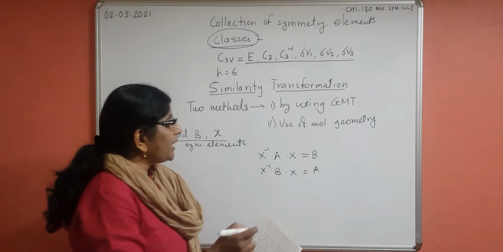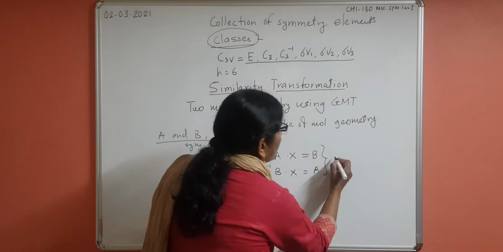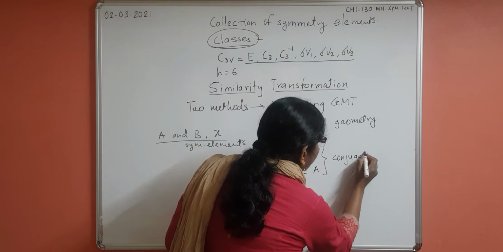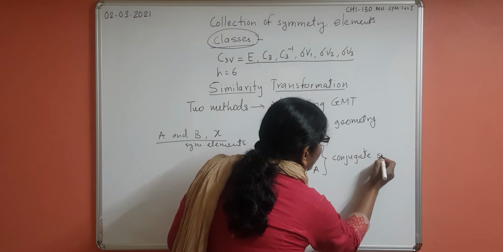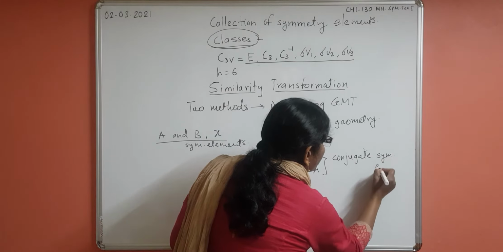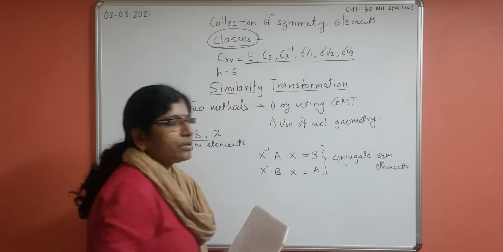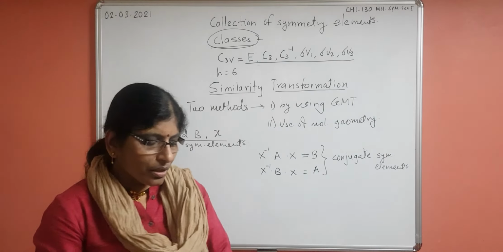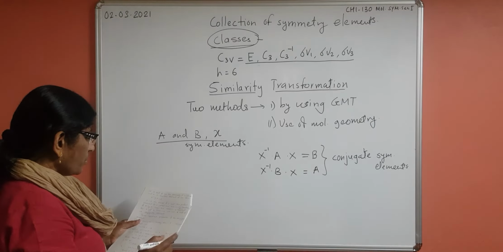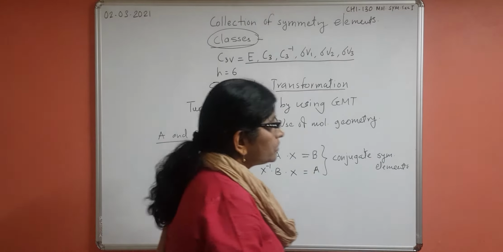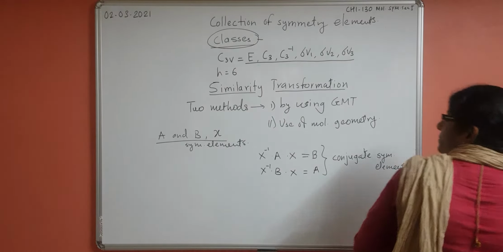Then we call A and B conjugate symmetry elements of that specific point group. See, we are doing this for a particular point group. Now there are three important properties of conjugation. We'll do that. So I'll just drag this.